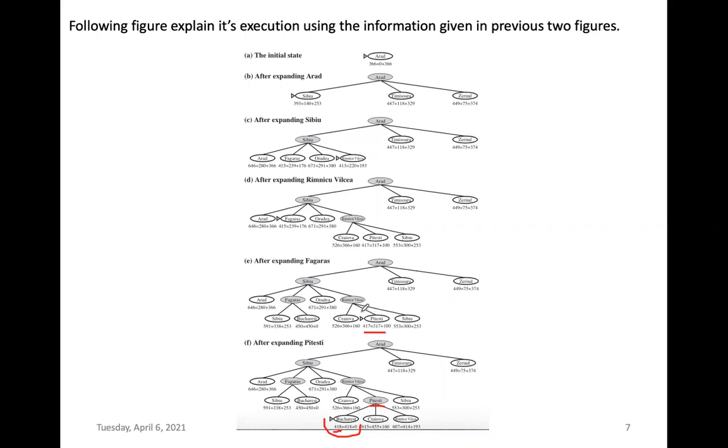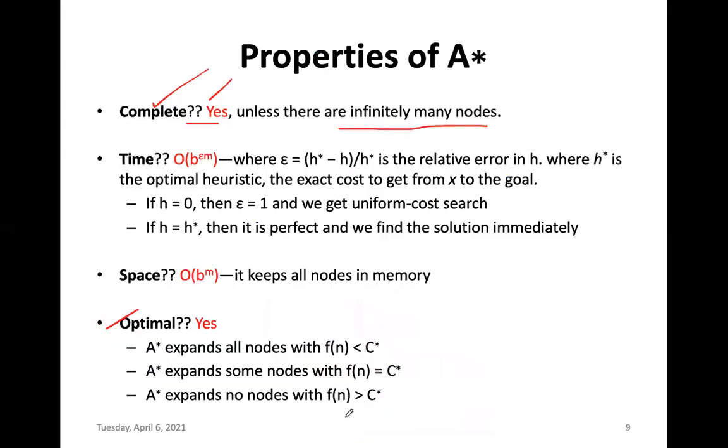This Pitesti is coming from RV, and this RV has the value in the previous step, 413, which is again less than 418. Fagaras is also less than 418. CBU is also less than 418. So what I want to say is that it is optimal, but with some conditions.